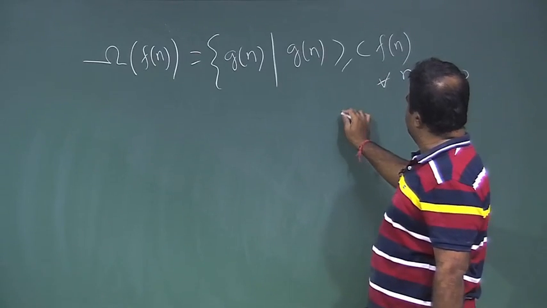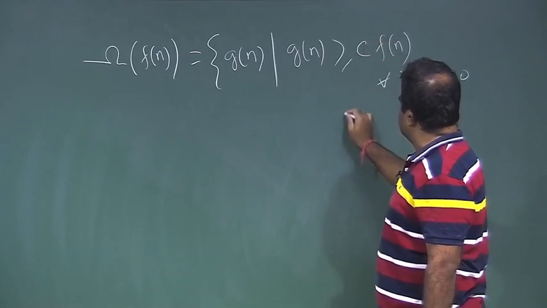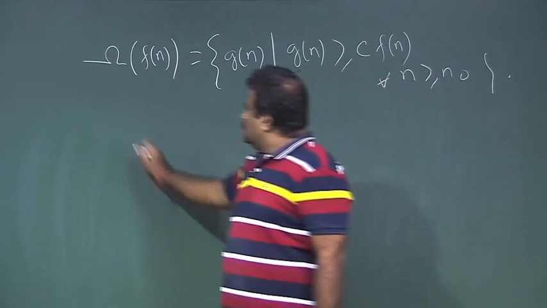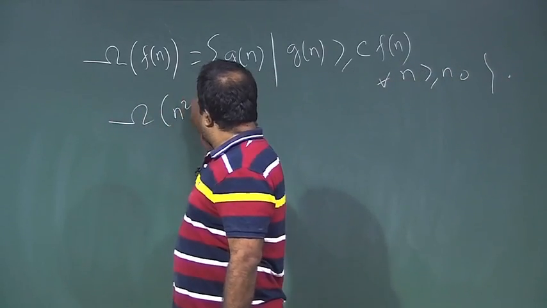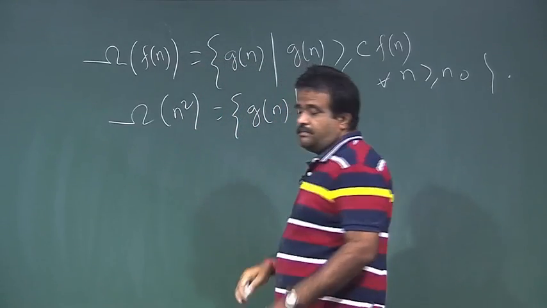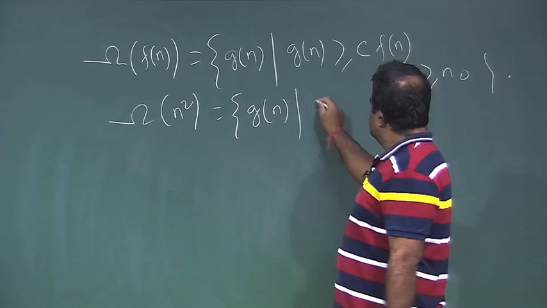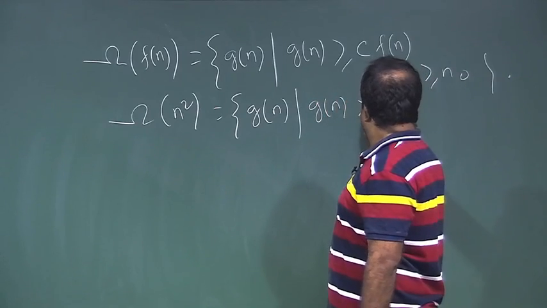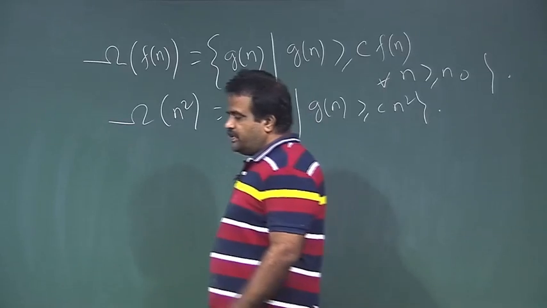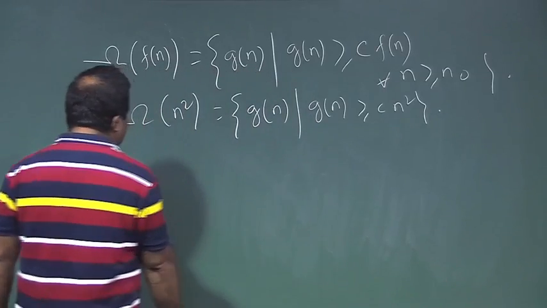This is the mathematical definition, where C is a positive constant, as you know. So big omega of n square, for example, is the set of all functions which are bounded below by C n square.